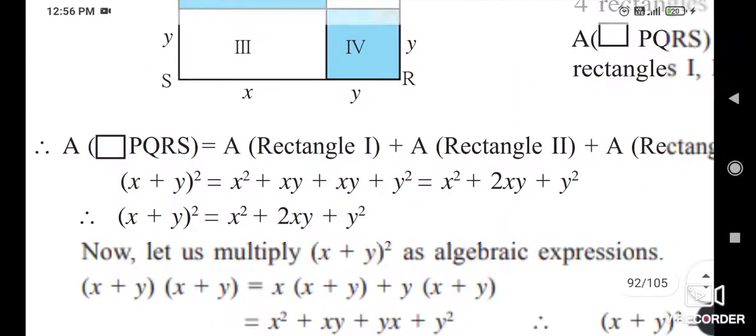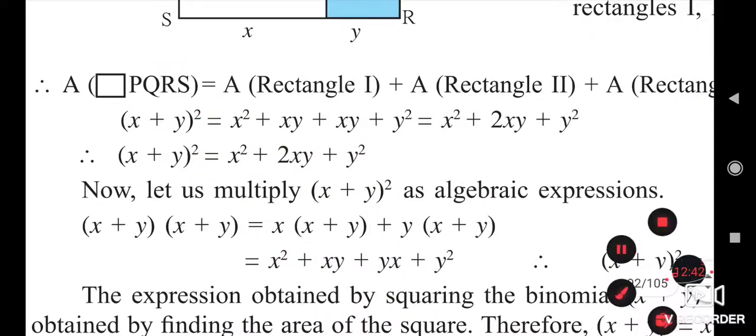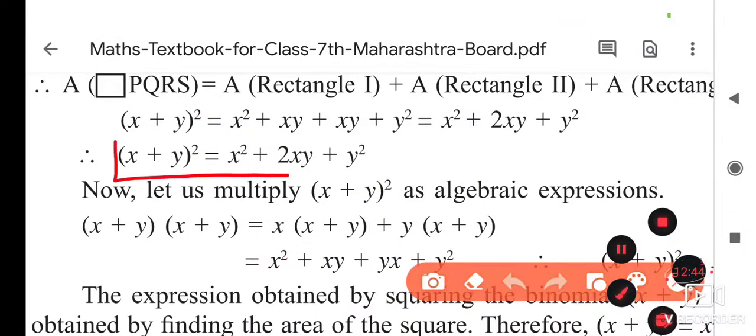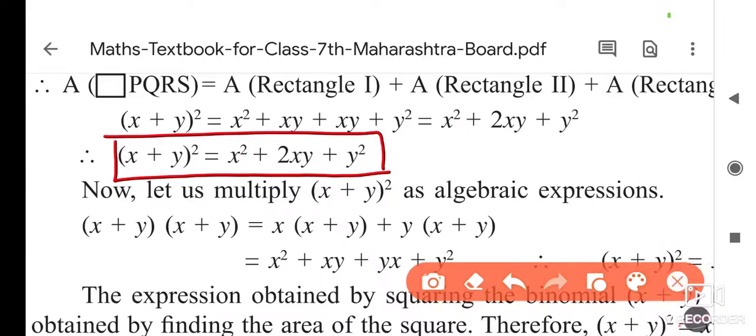In another way, you have to learn this formula by heart. It is a very, very important formula. So (x plus y) bracket square is equal to x square plus 2xy plus y square. One more method to keep in mind: first term square. Here two terms are there in this bracket, x and y.